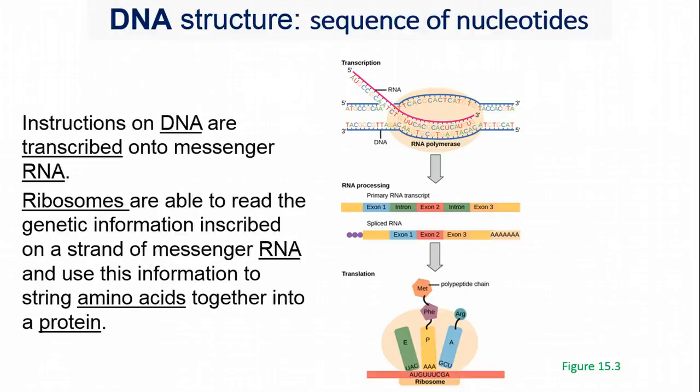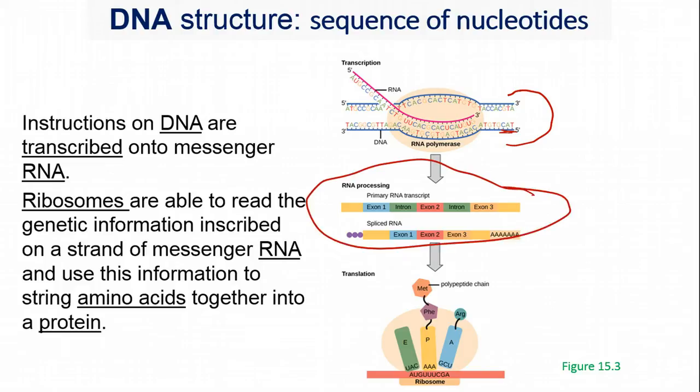So here's the big picture that we're going to be talking about throughout the next few slides. Here you can see that DNA, shown in the blue backbone, is being transcribed by a protein called RNA polymerase into RNA. So those instructions on DNA are transcribed into RNA. And then the RNA is processed.